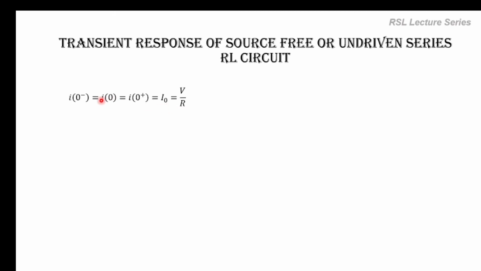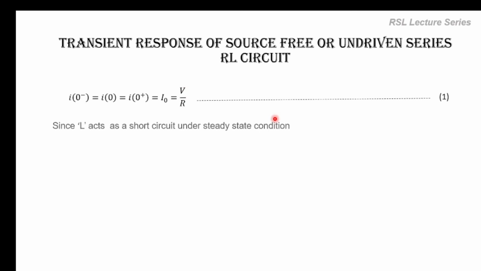This is the instant at which the switch is brought to position B. This is just before moving the switch to position B, and this is just after. Under all these conditions, the current will remain the same. This is the initial value of current: i naught is equal to V by R. Let this be equation number 1. This we have already discussed: L acts as a short circuit under steady state condition.